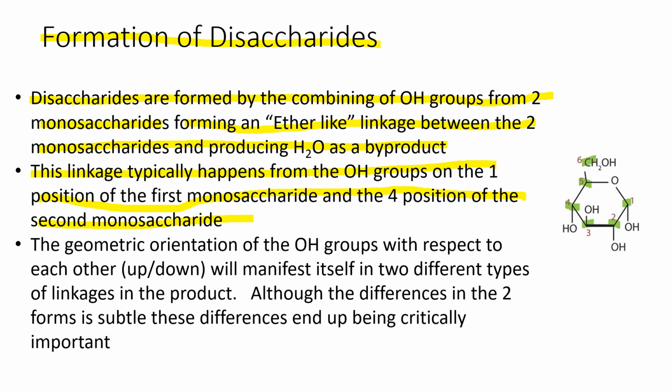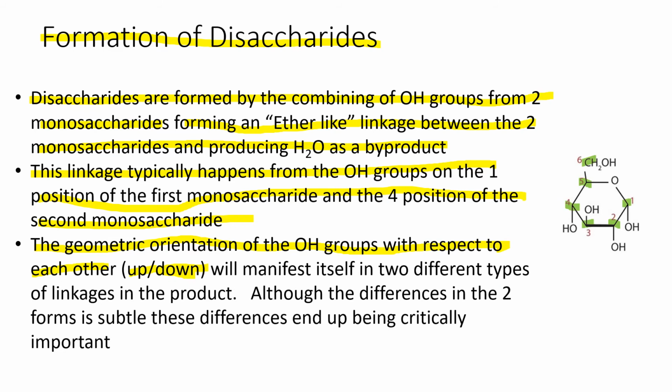So when you're looking at positions and trying to orient yourself when you're looking at these structures, you want to find the oxygen that's part of the ring and then just go around clockwise counting those carbons. So another thing we're going to look at is the geometric orientation of the OH groups with respect to each other, whether they're both up, both down, or one of each.